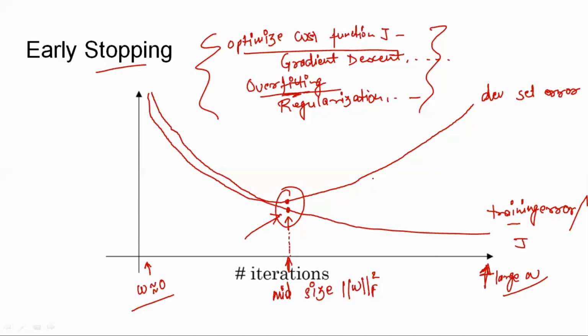This method, where the parallel operation of optimization of the cost function along with the overfitting precautions takes place, is also known as orthogonalization. We are going to see this method of parallel operation in future video lectures.